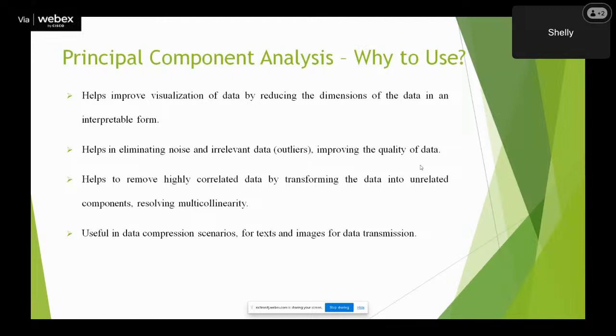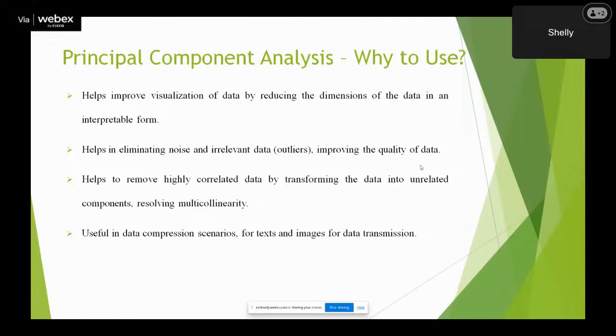Then it helps in eliminating the noise. It helps in removal of the outliers or irrelevant data, and thus it helps in data quality enhancement. Then highly correlated data is transformed into unrelated components, and thus it resolves multi-collinearity.